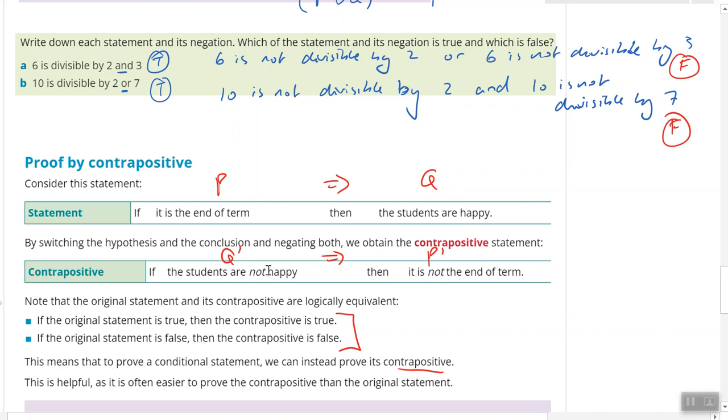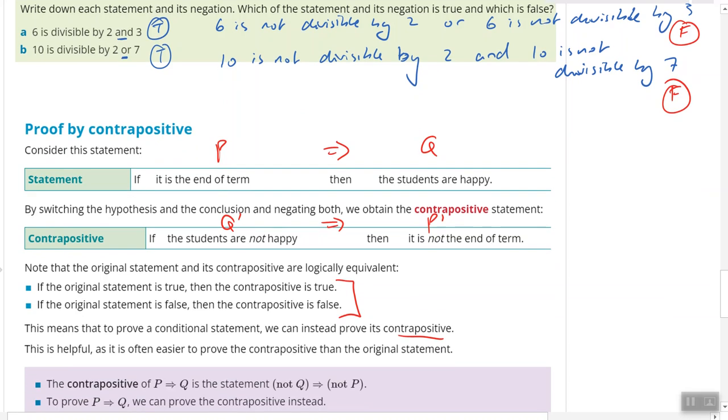In proving this, you're proving this, because they're linked. So if we prove this and it's correct, then we've proven this also. We don't need to actually do the direct proof. Sometimes this is advantageous because the direct proof is harder to do.